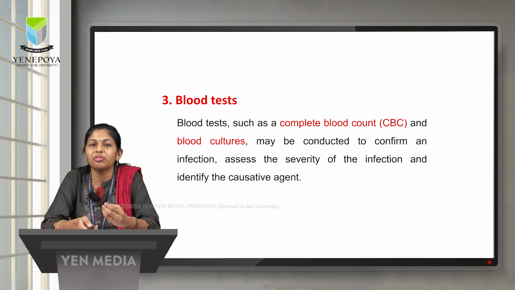Through blood culturing, we can identify the causative agent. Through CBC analysis, we can confirm an infection and assess its severity. So in blood test, remember mainly two tests we are performing: CBC analysis and blood culturing techniques.